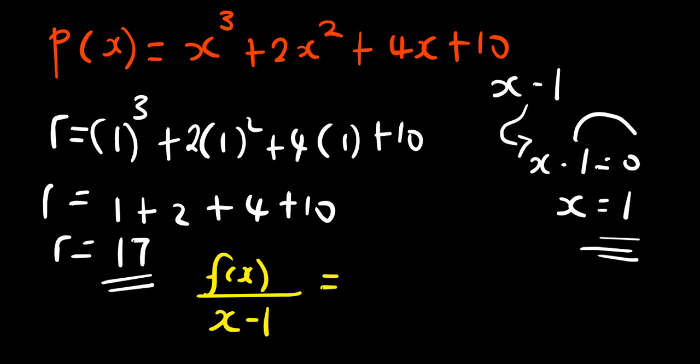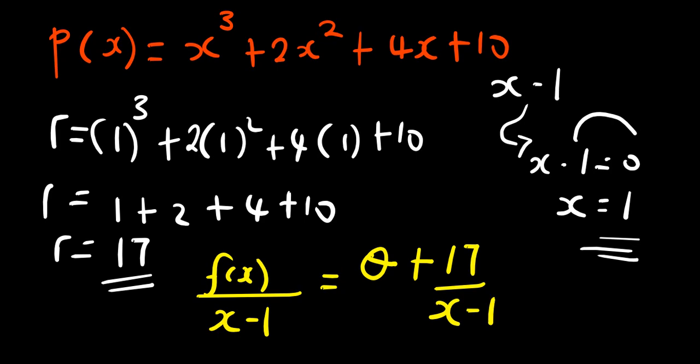We find the quotient, but in this case let me just put the quotient, because we're going to do a video where I find the quotient using the long division method or the synthetic division method. Plus the remainder that we found, 17, over the factor itself, in this case x minus 1.